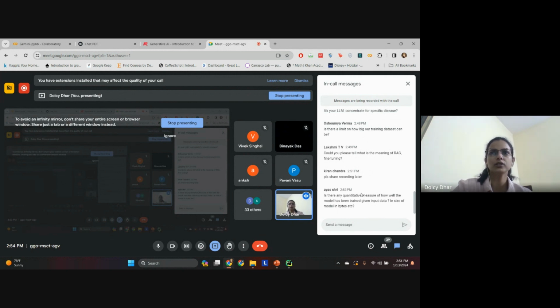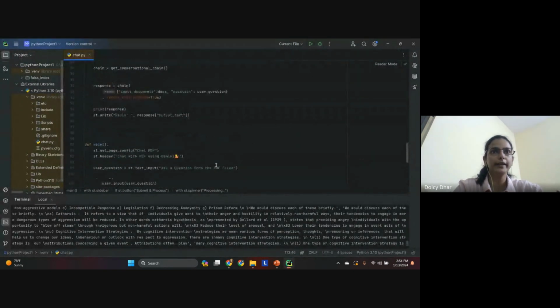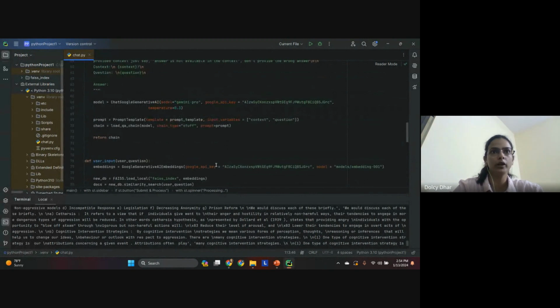So, Lakshmi, I'll give you one sentence answers. RAG is retrieval augmented generation. It basically takes external documents, documents on which this LLM was not trained. I actually built a project called Chat with PDFs using the Gemini model.